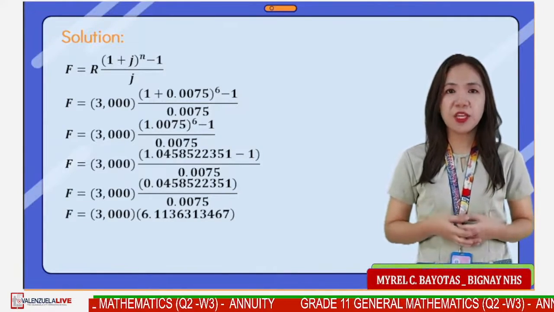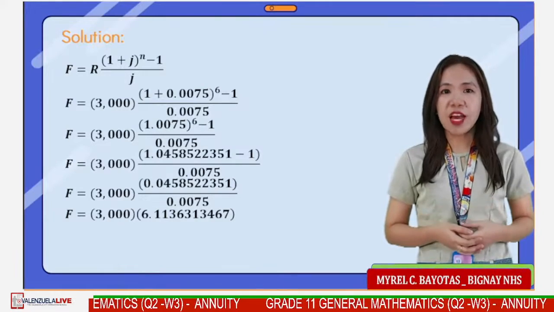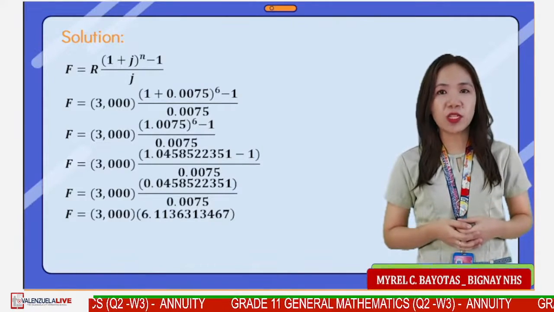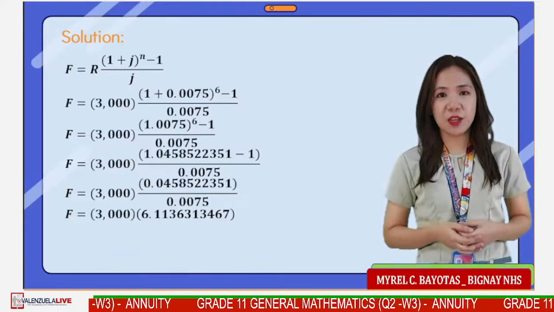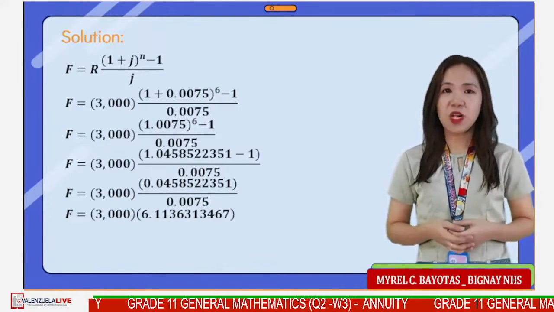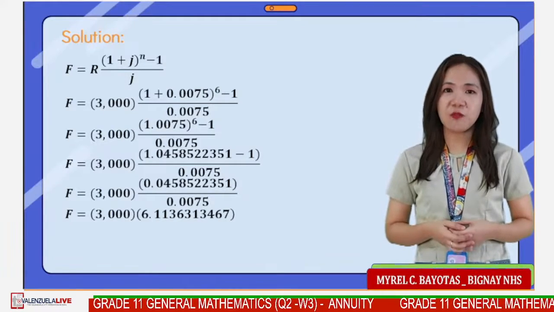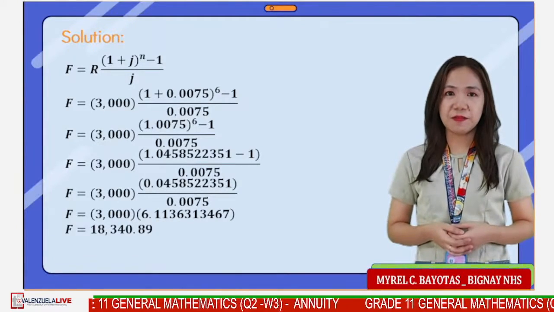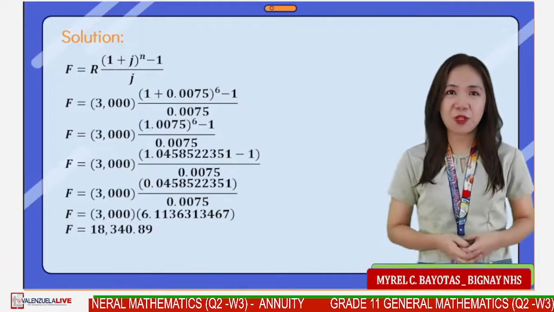That makes F equals 3,000 times 6.1136313467, resulting to F equals 18,340.89. We arrive at the same result.